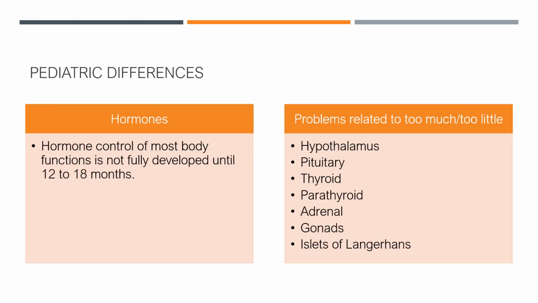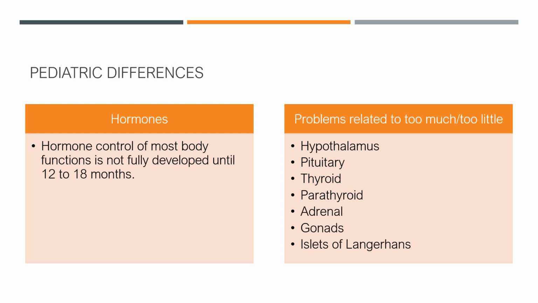Almost all the problems that develop in the endocrine system occur when there's either a deficiency or an excess. So they're always related to too much or too little of a specific hormone. In kids, endocrine conditions develop without being seen. Your textbook says insidiously.